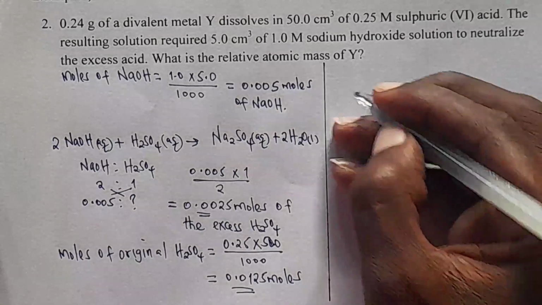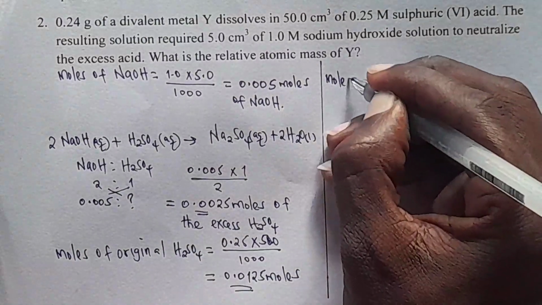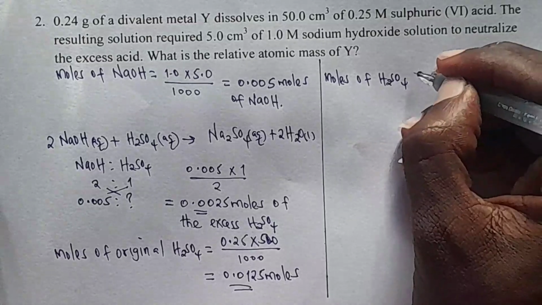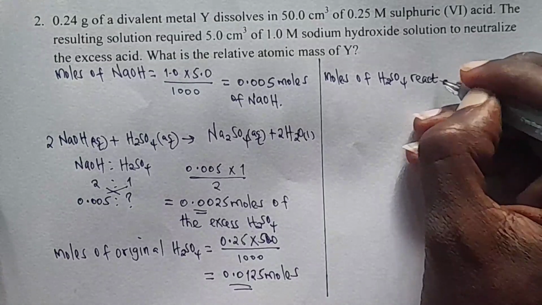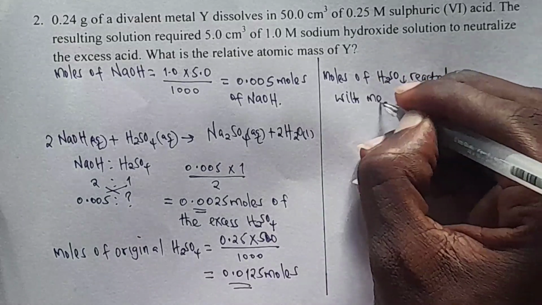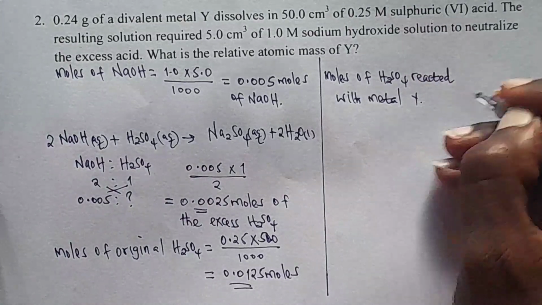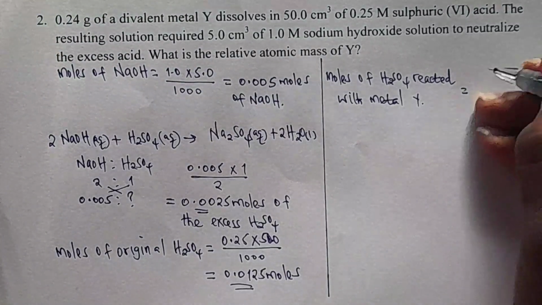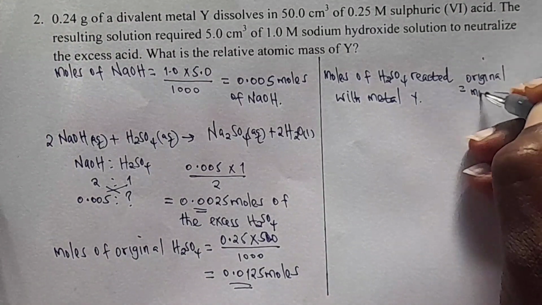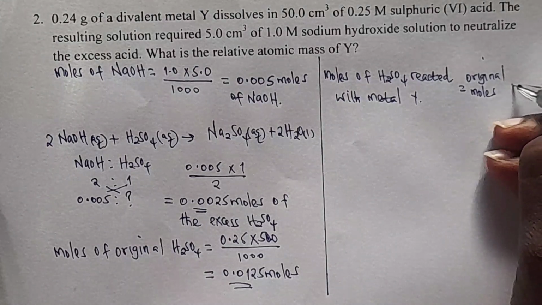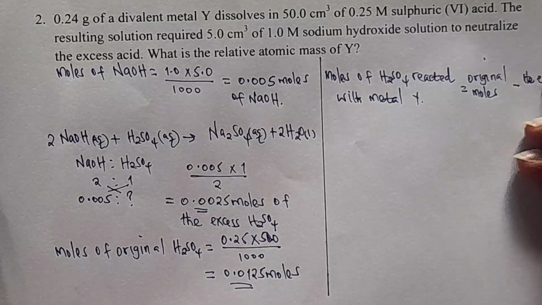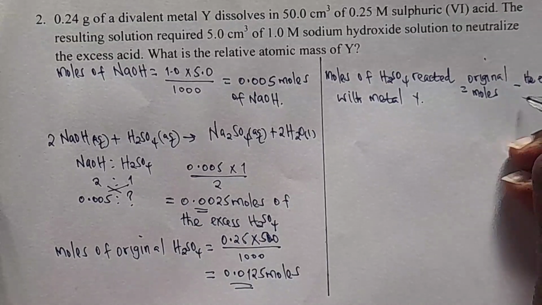So moles of sulfuric acid reacted with the metal Y is the original moles of sulfuric acid minus the excess moles of sulfuric acid.